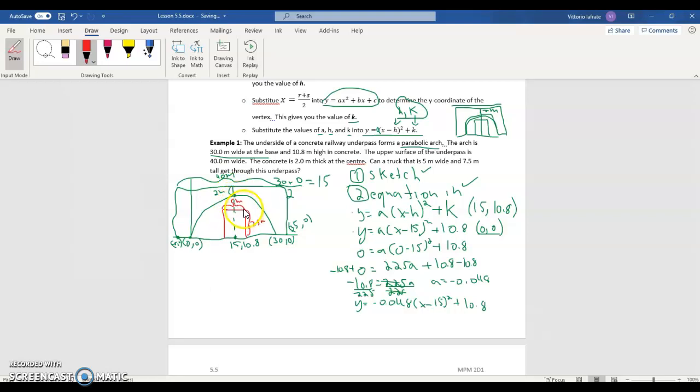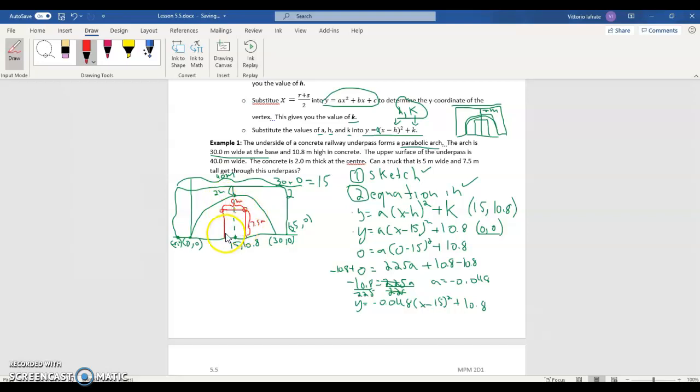Will these edges be low enough to go through the lower parts of the parabola? In my picture it looks like it, but I drew a picture as a sketch. I didn't have appropriate numbers in yet. So I need to figure out if at these edges my truck will be able to clear this parabola. Will the points at the edges here and here on the parabola be higher than the points at the edges of the truck?